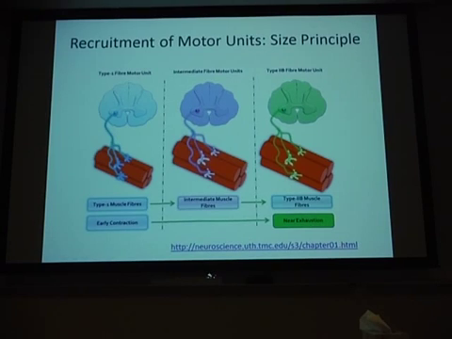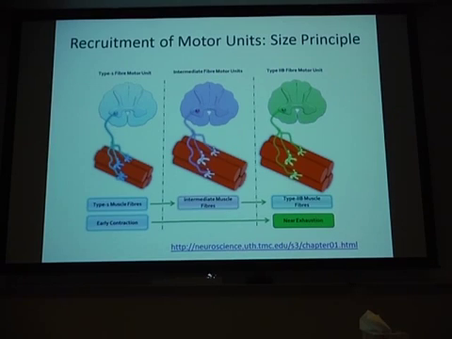And the principle basically states that motor units are not recruited at random, that they are recruited in a specific sequence, in a specific order. And that order is that type 1 fibers are recruited first because they are the least likely to fatigue.